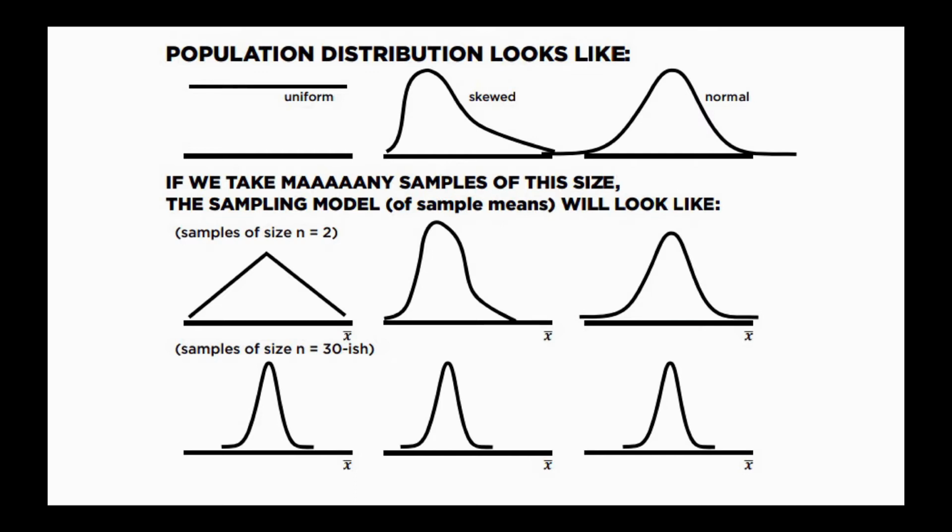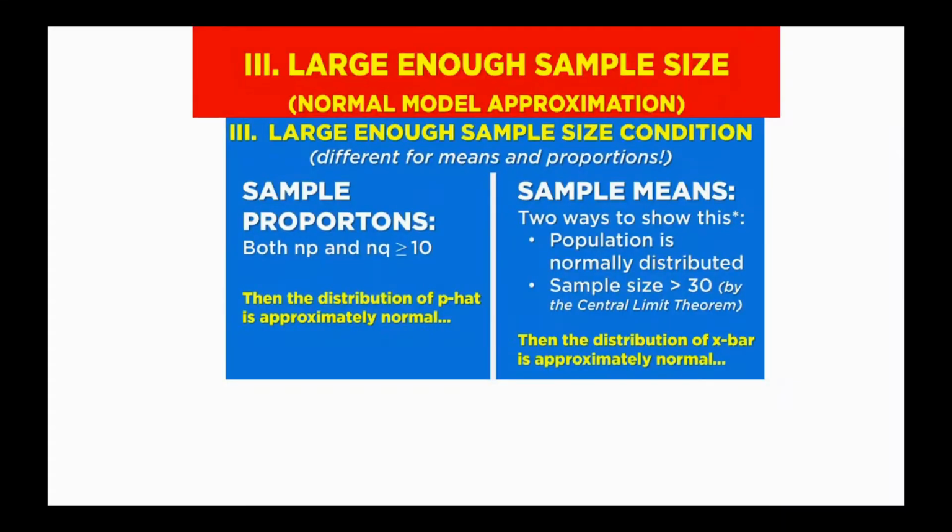That's what we're checking for. We're checking to see if, hey, if it started like this, and I take a big enough sample size, it'll look like this, or like this, or like this. It doesn't matter what it started as. All that matters is what the sample size is. So for proportions, we use this little formula here. They use q, but q is 1 minus p.